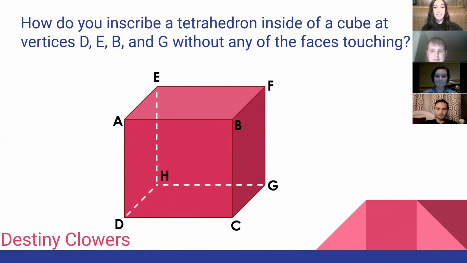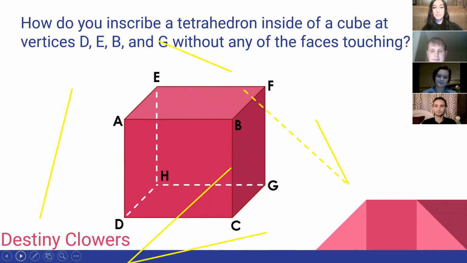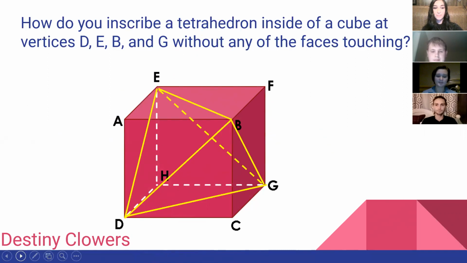Now, the next step is going to be, in a different color, to inscribe your tetrahedron on vertices D, E, B, and G, which looks something like this. And we have to make sure that the faces of the tetrahedron are not subsets of the faces of the cube. This means that none of the faces of the tetrahedron will be touching the cube.